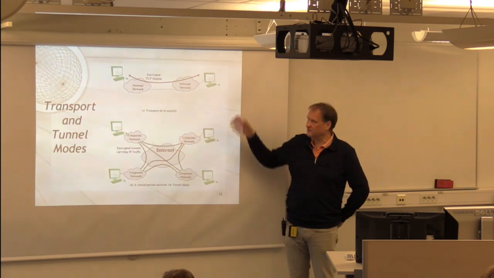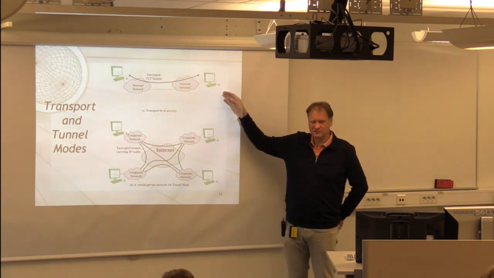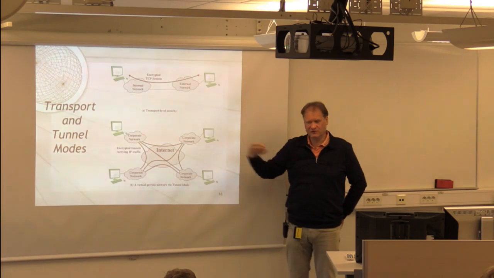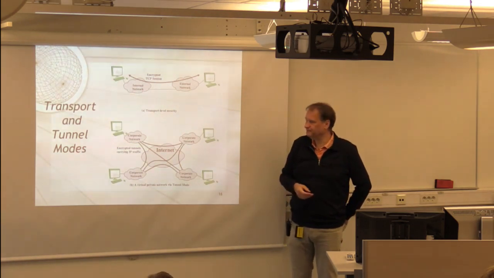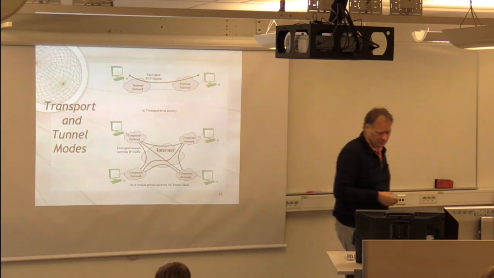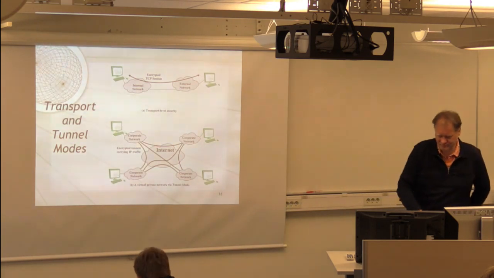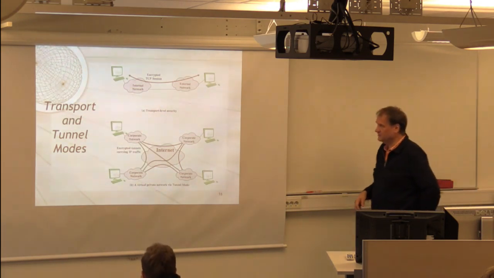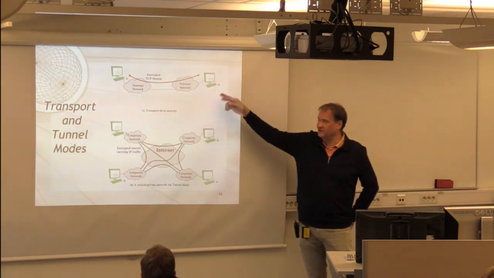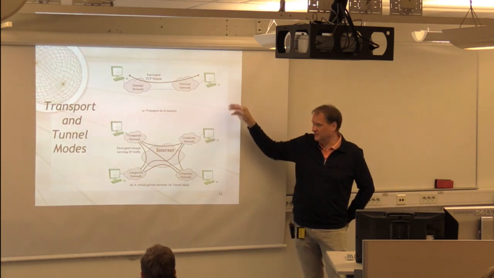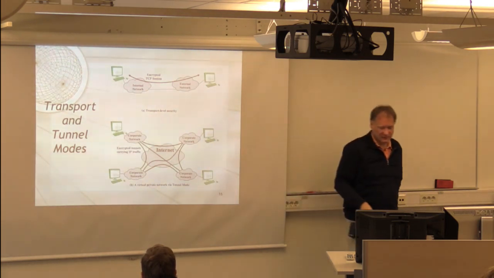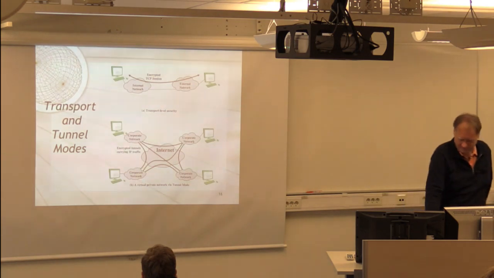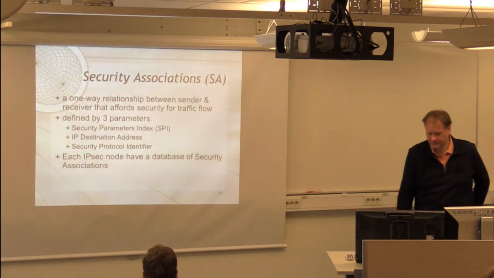So that's the reason why we would prefer transport mode sometimes, because it goes further, it goes end-to-end. But of course, the downside is that now the end nodes need to know about it, while they don't need to know about it in the tunnel mode.